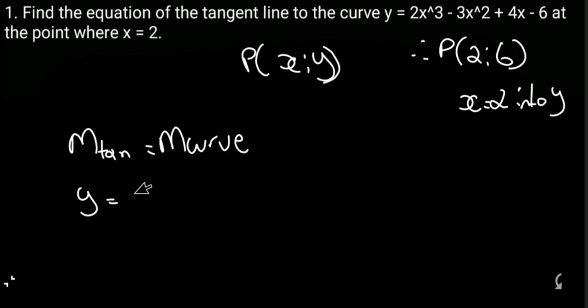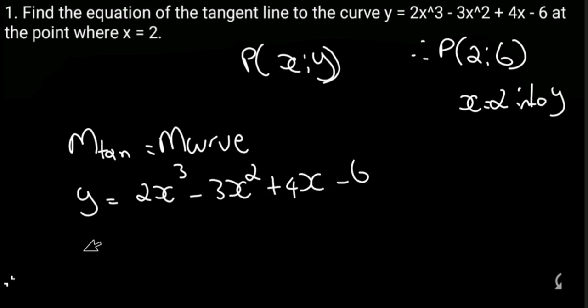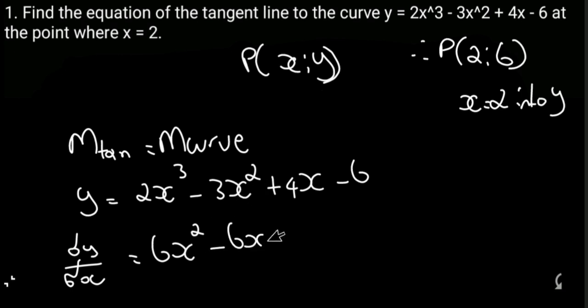y is equal to 2x cubed minus 3x squared plus 4x minus 6. The derivative of this function: we're going to get 3 times 2, we're going to get 6x squared. 2 times 3, we're going to get negative 6, and if you subtract 1 from 2, you're going to get 1.